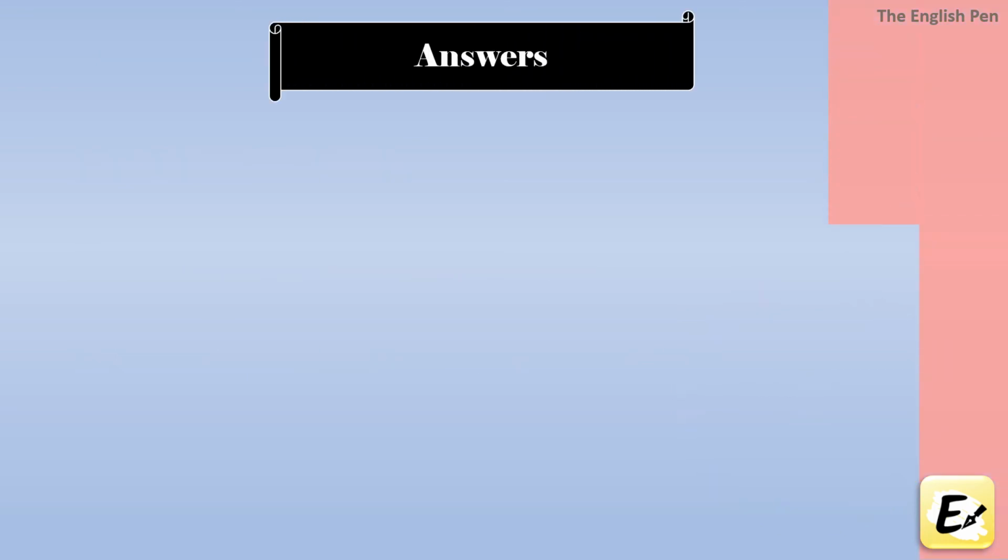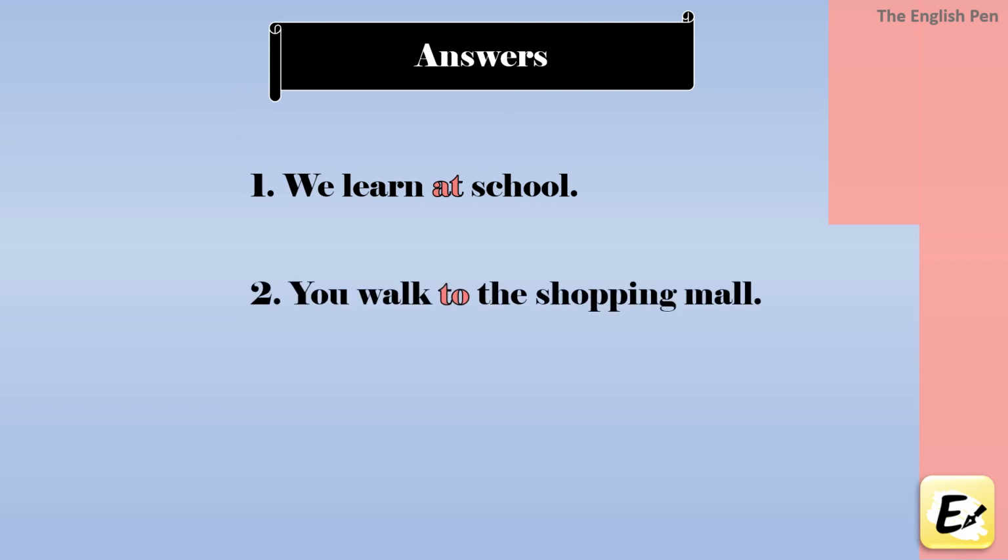Here are the answers. Number 1. We learn at school. Learn does not show movement. The subjects are not going anywhere. So the preposition is at. Number 2. You walk to the shopping mall.